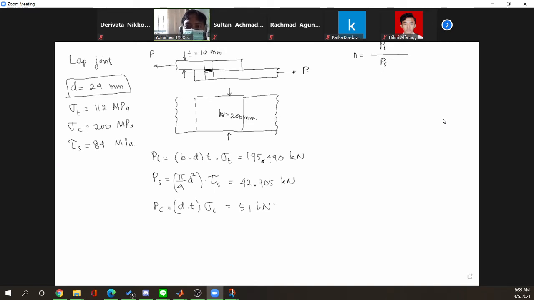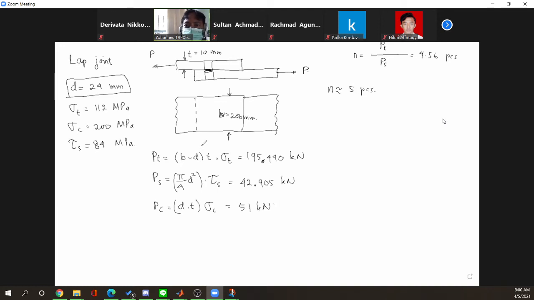And the calculation we have 4.56 rivets. So we choose 5 pieces of rivet.